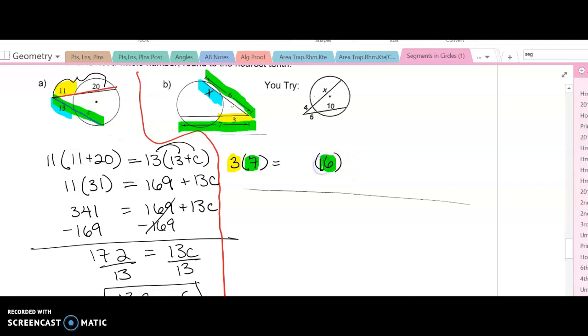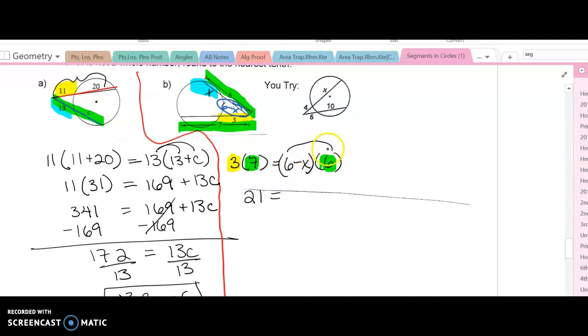Wouldn't the outside piece right here be 6 minus however much x is? Think about it: let's pretend for a minute this x is a 3. Then this would be 3, because it's 6 minus that 3, right? So that missing piece that we didn't know is just 6 minus however much x is. All right, so now let's solve this equation. 3 times 7 is 21.